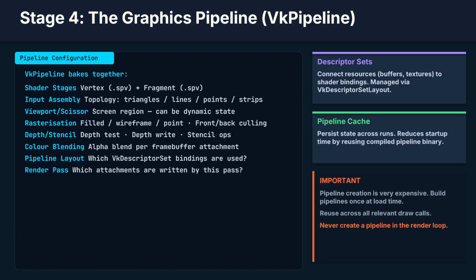Now we are stepping into one of the most powerful concepts of Vulkan, which is the graphics pipeline. More specifically, it's a pipeline. It could be a graphics pipeline, a compute pipeline, or another pipeline. But what I am interested in here is giving you an overview of pipelines through a graphics pipeline.